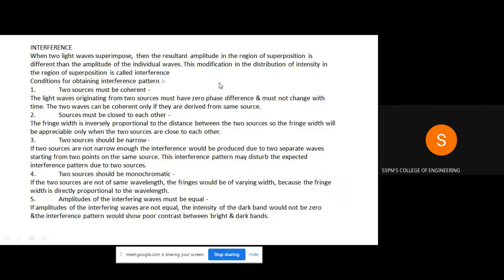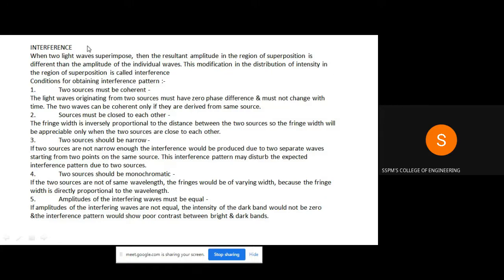And we have Snell's law as sine i upon sine r equals mu. Mu is the refractive index of the medium through which the light waves are traveling. So as per Snell's law, sine i upon sine r equals the refractive index of the denser medium.